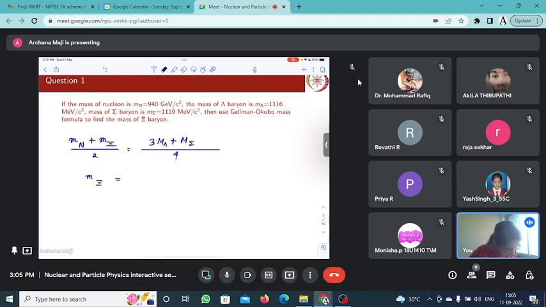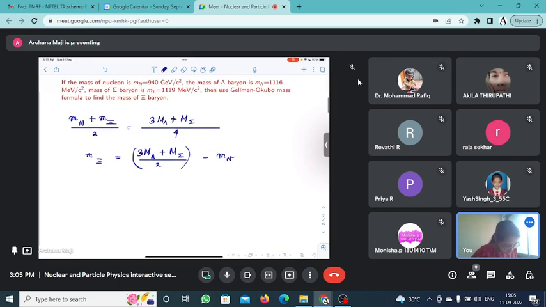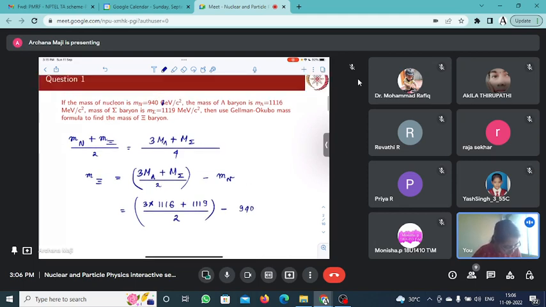So that will be equal to 3m lambda plus m sigma divided by 2, minus m N. Sorry, this is a typo, this should be MeV.